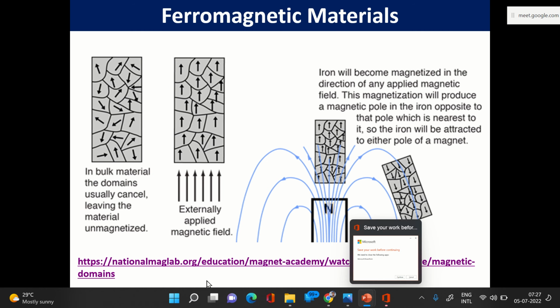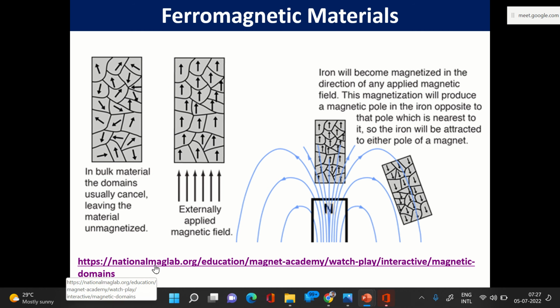This is the link of the National High Magnetic Field Laboratory in the US, in Florida. And that's what I was telling you, about the strongest magnet they had built.